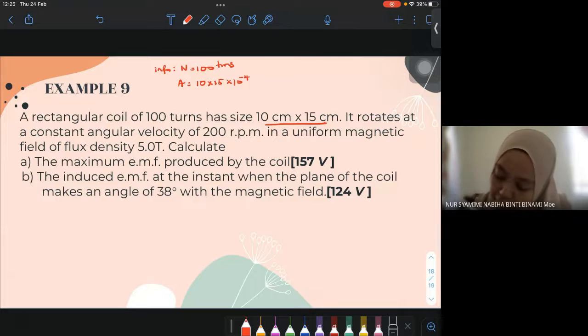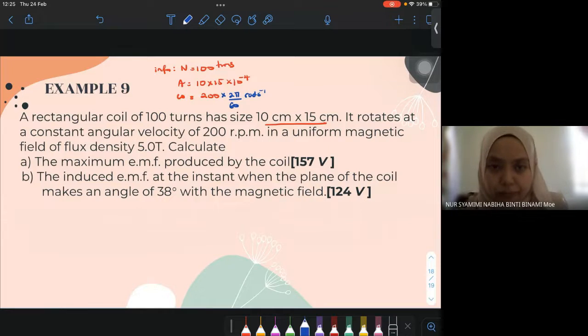It rotates at a constant angular velocity. So omega is equals to 200 revolution per minute. So how I want to change to radian per second? I need to times 2 pi divided by 60 radian per second. So this is the SI unit. So given that B is equals to 5.0 Tesla.